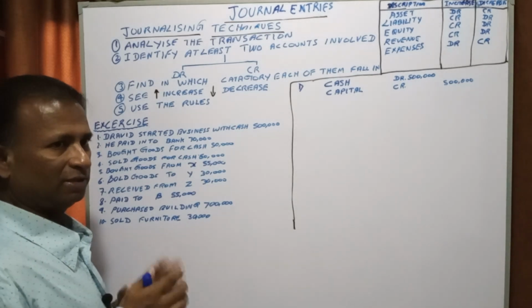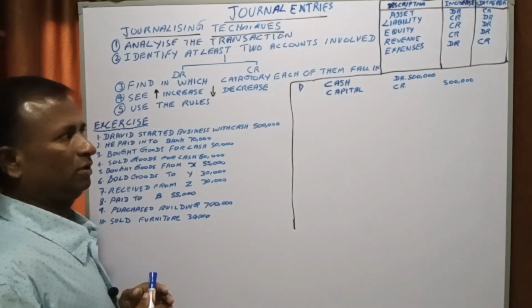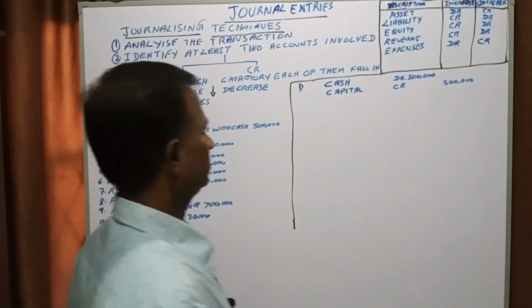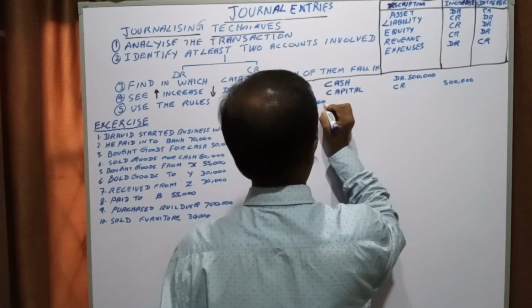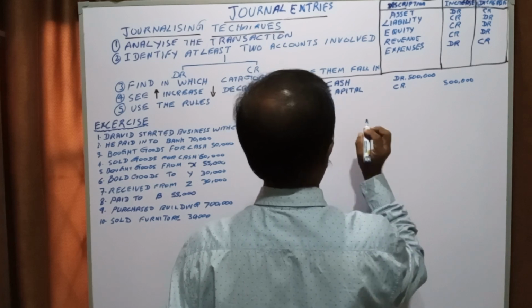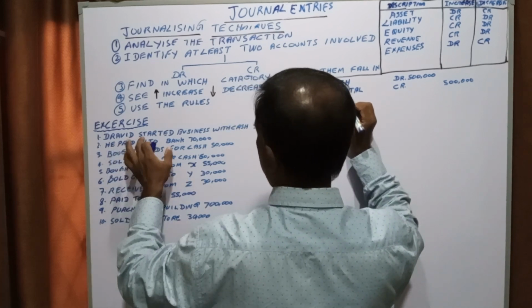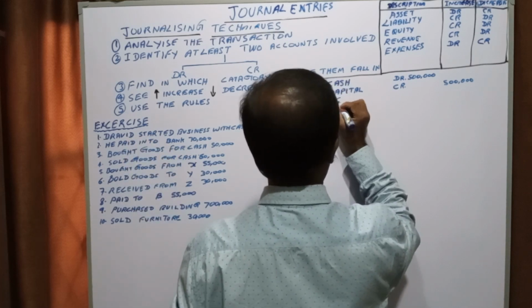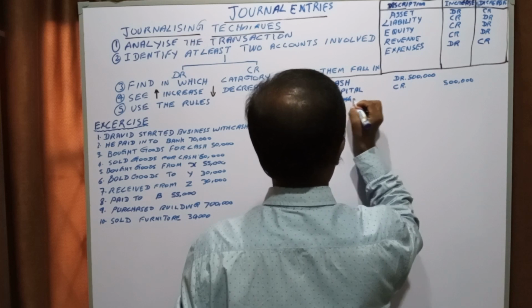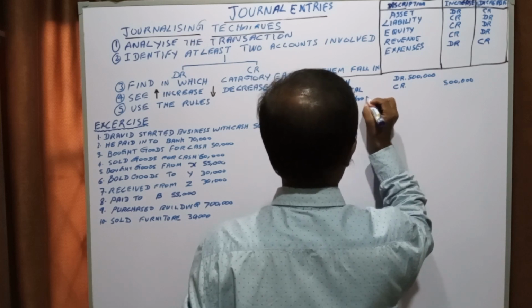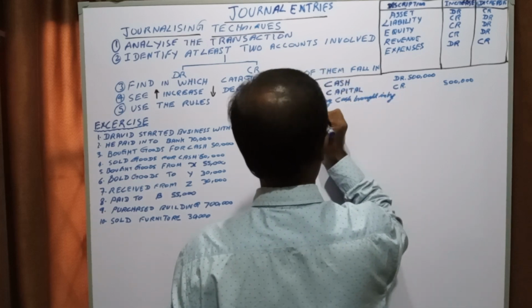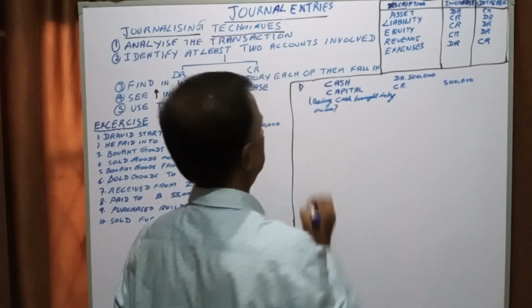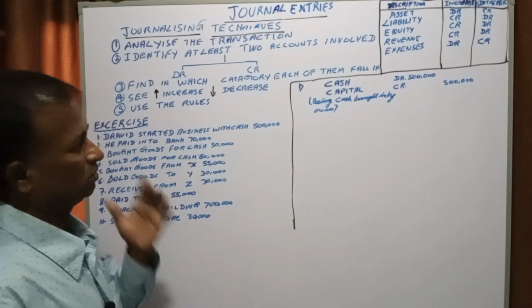Here, when you are passing the journal entry, you have to write the narration: being cash brought in by owner. That is the narration.